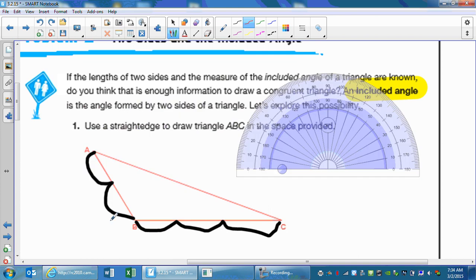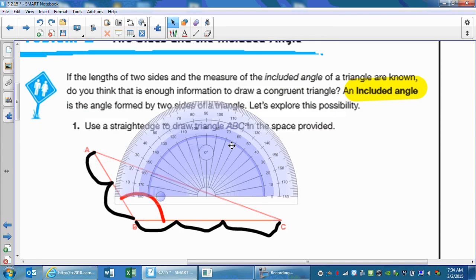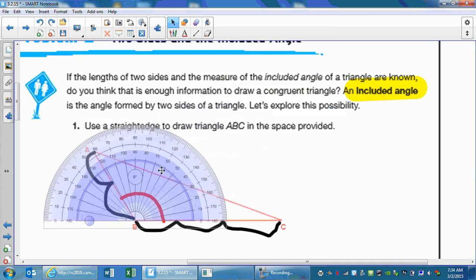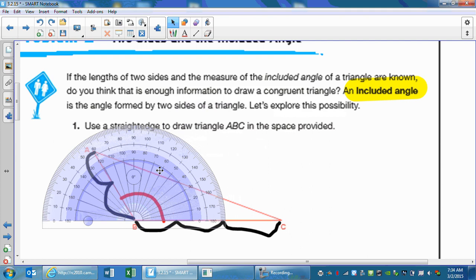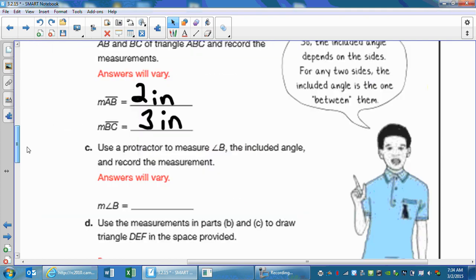So this whole thing is what we're measuring. And it's about 120 degrees. So let's go ahead and write that down.